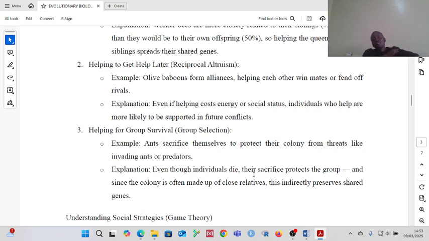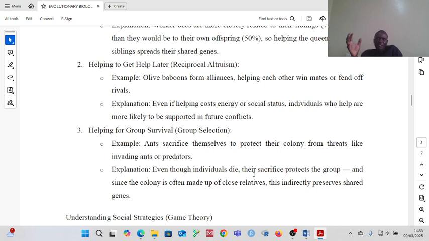But in so doing, they endanger themselves, they sacrifice themselves. So what they are doing is that even if they are dying as individuals, they are dying in line of offering sacrifice for the sake of protecting their groups.